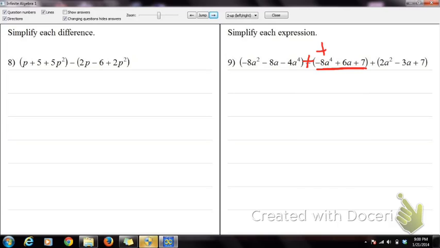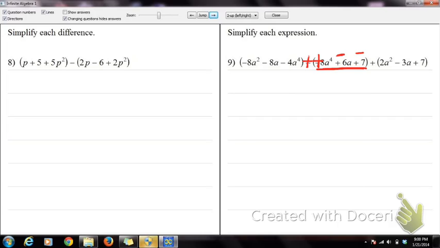This negative 8 will become a positive. This positive 6 will become a negative. And this positive 7 will become a negative.